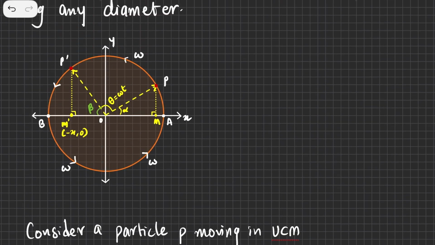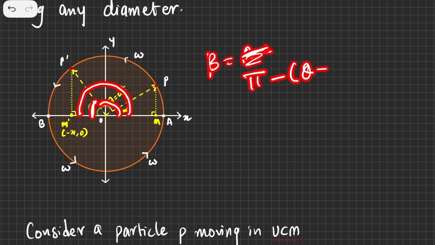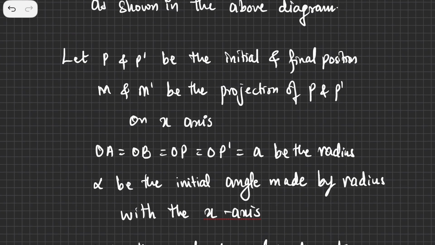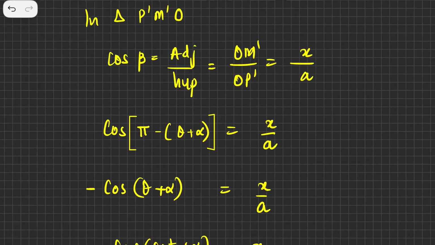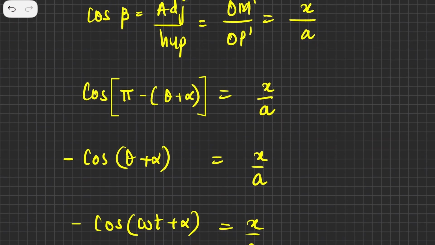Why is it theta plus alpha? Because if this is 180 and this is theta and alpha, my beta is 180, that is pi minus theta plus alpha. So wherever there is a beta, I have replaced it by theta plus alpha, that is x by a.